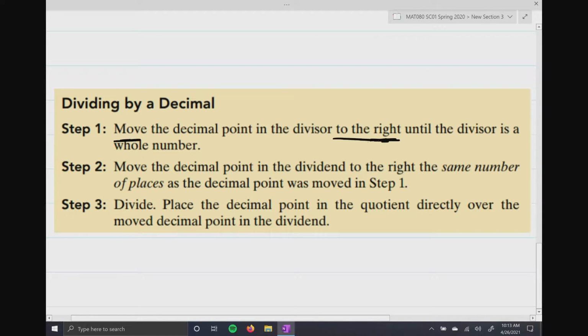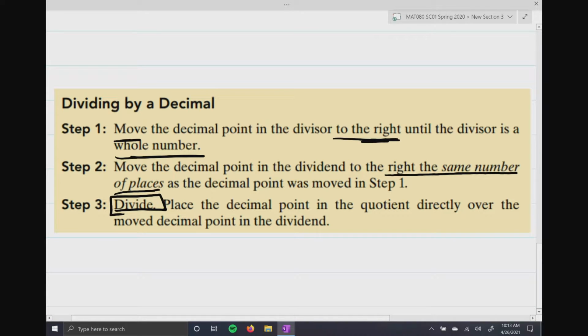That's the key. Step 2, you're going to take the dividend and move it to the right the same number of places. And then step 3, you can sum up in one word: divide.